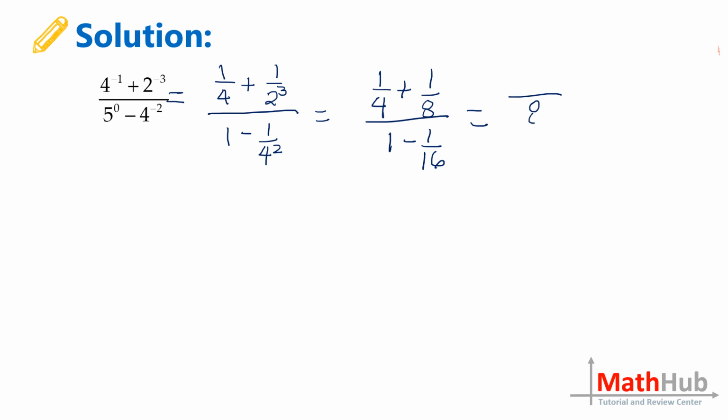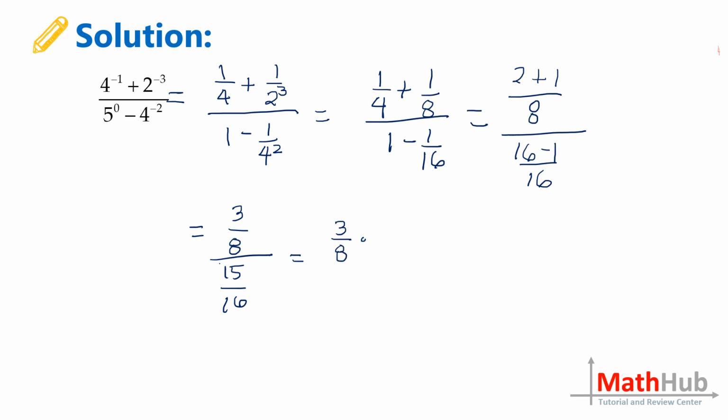So LCD is 8. This becomes 2 plus 1 all over my LCD is 16, 16 minus 1. So we have 3 eighths all over 15 over 16. So we have 3 eighths times the reciprocal.